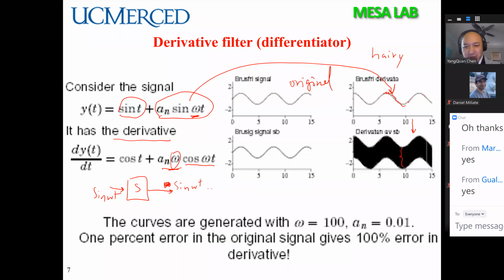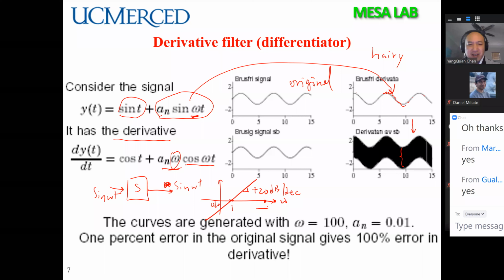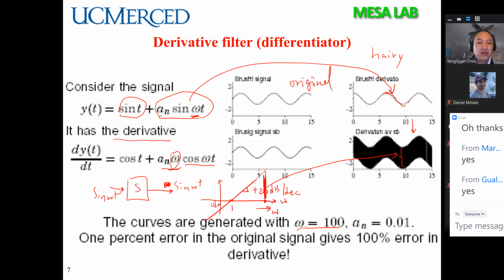In the Bode plot, this is 1, this is 0 dB, and you have plus 20 dB per decade. So if omega is high, then the amplification is also very high. Just giving an example, if your frequency is 100, even if the coefficient is only 1% of the amplitude, where the nominal amplitude is 1, right?